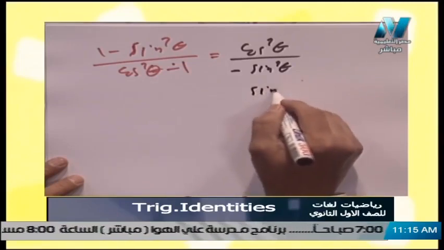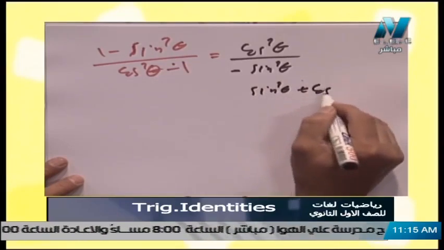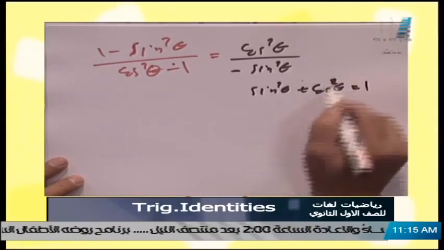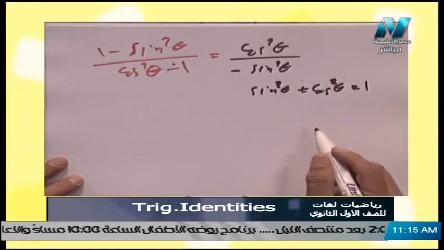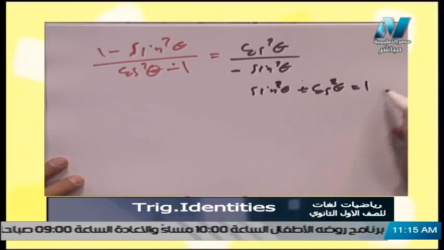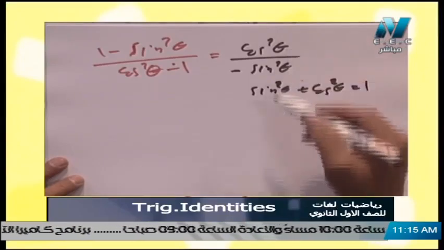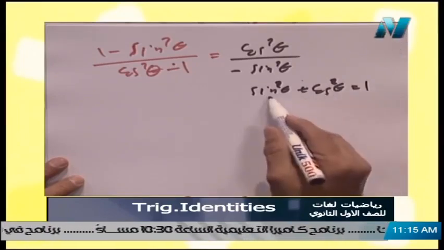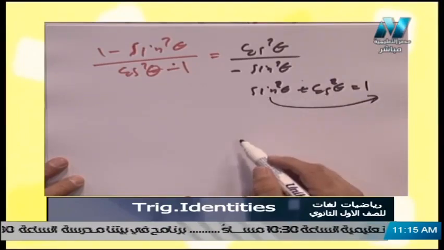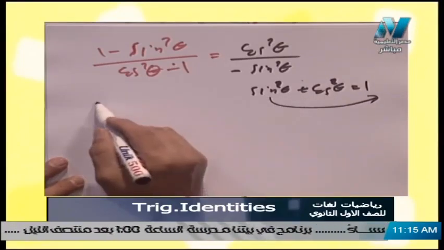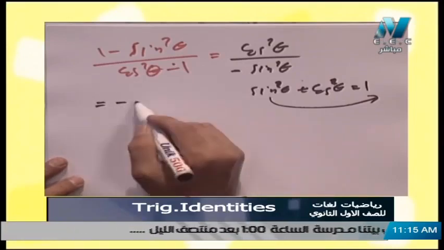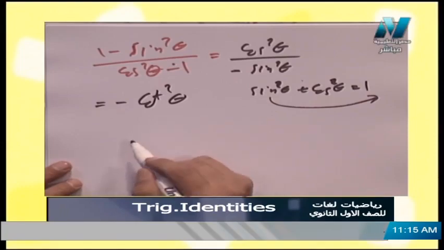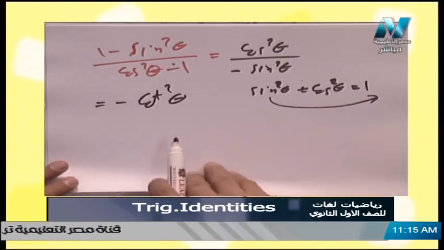We know that sine power 2 theta plus cosine power 2 theta equals 1 from the first rule of Pythagorean rule, and 1 minus sine power 2 theta equals cosine power 2 theta, as we said, and cosine power 2 theta minus 1 will be negative sine power 2 theta. So the final answer will be negative cotan power 2 theta, and then we simplified it well.